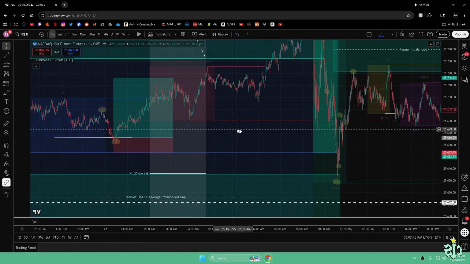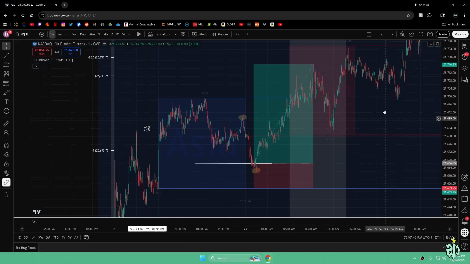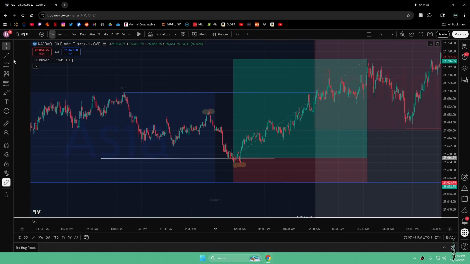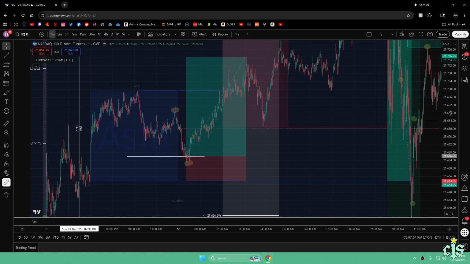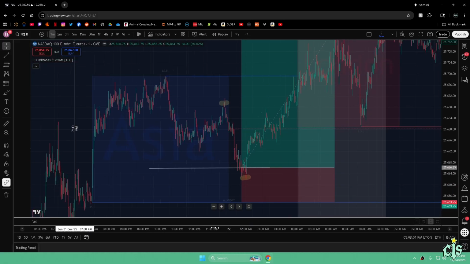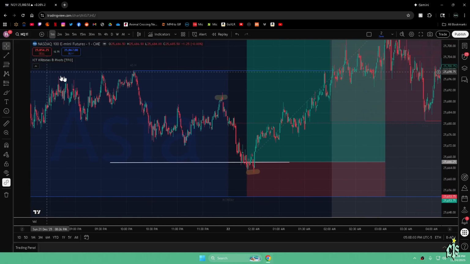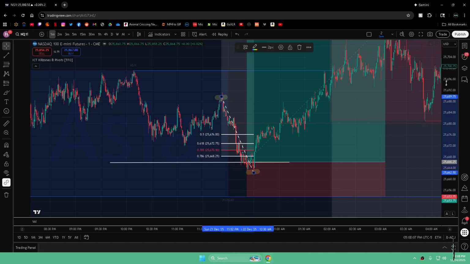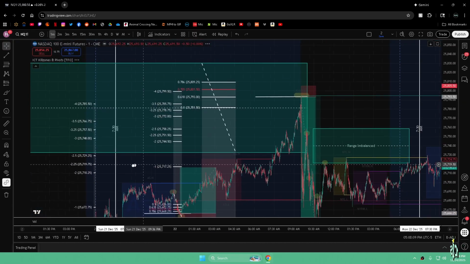And then we can also use the fib to find levels where price will struggle or top out. To find the level, you would find your lowest before New York. Here's our lowest point before New York. So we take from the wick to the high, and then we can see our levels.